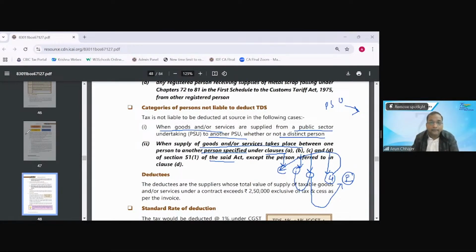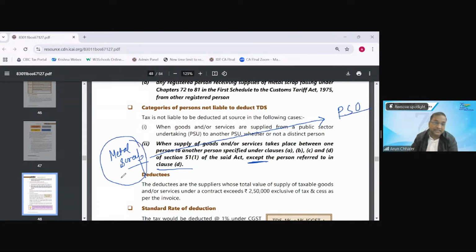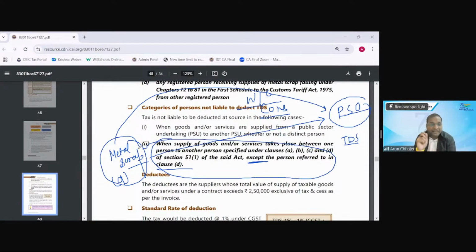But important point, they have excluded clause D. Meaning thereby, now let's say a metal scrap supplier or purchaser is making supply to the PSU. Ideally, this person is covered in clause D by notification, but if they are making the supply of any material to the PSU, let's say they are the work contractor or consultant, then PSU will deduct the TDS. They are not covered in this exemption. Very, very important.